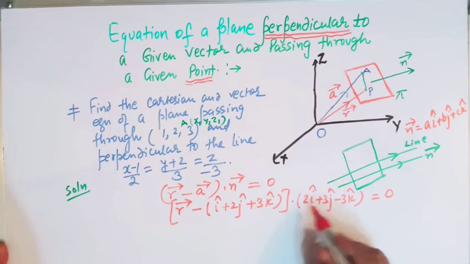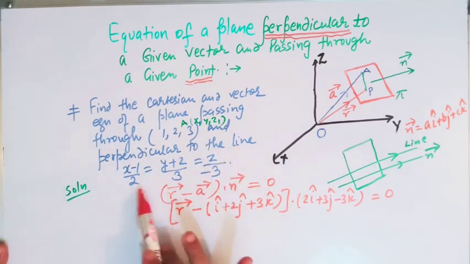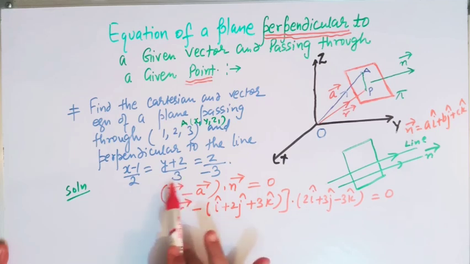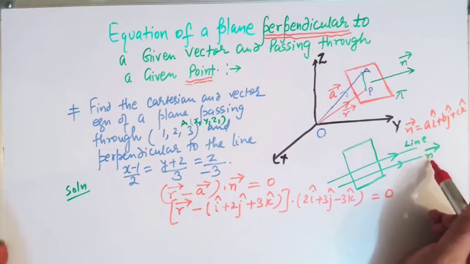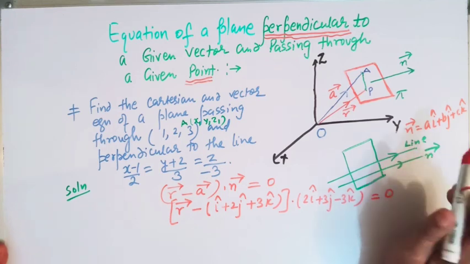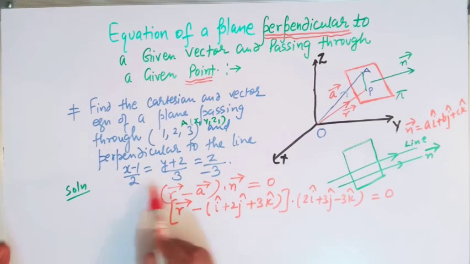Why? Because the plane is perpendicular to this line, and the line has direction ratios 2, 3 and minus 3, and our line is parallel to the normal vector. So the drs of the normal vector are proportional to 2, 3 and minus 3.